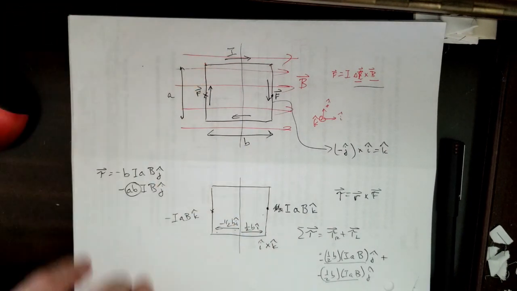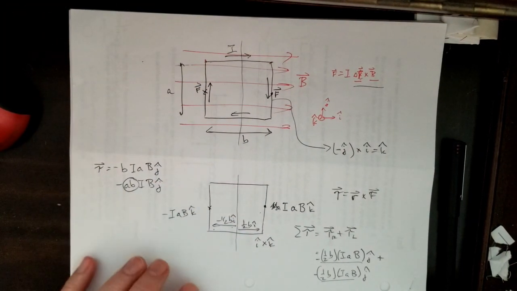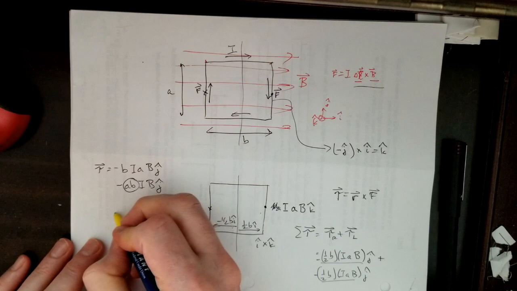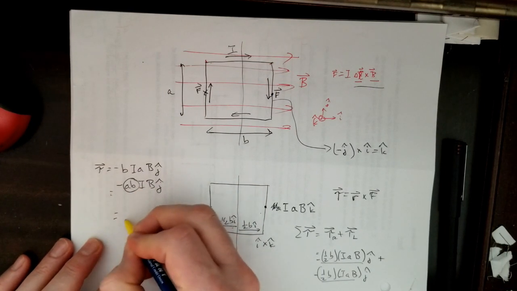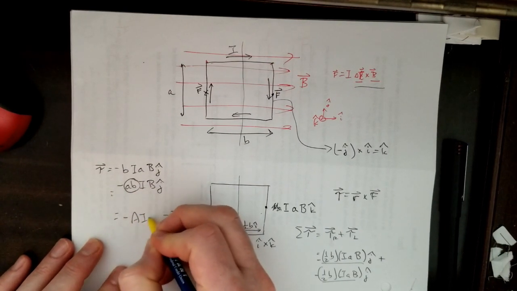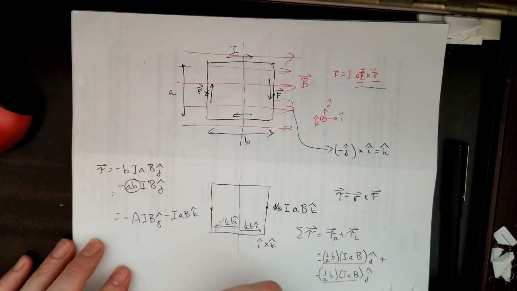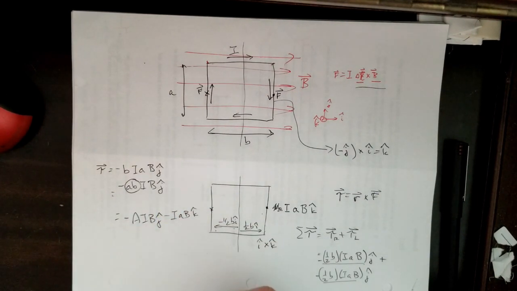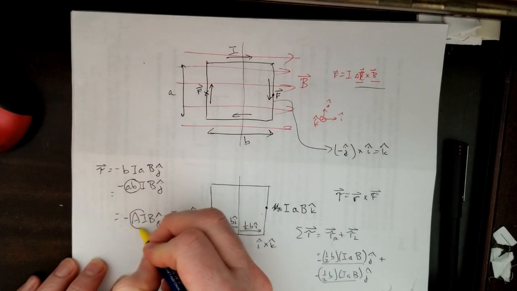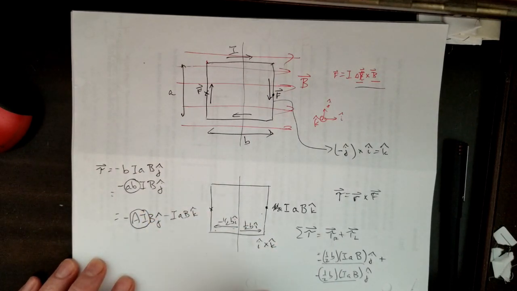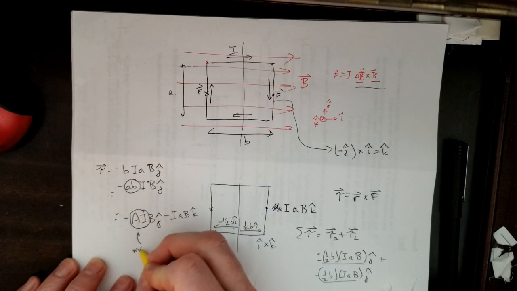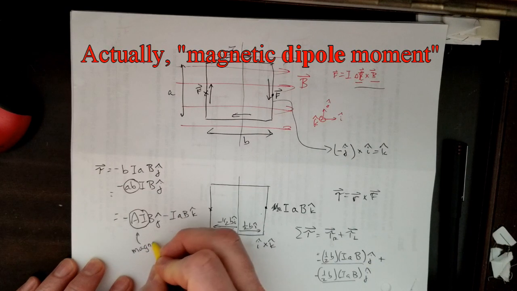Now, this a times little b, that's just the area. So that's equal to negative area times I times B, J hat. And this area times the current has a special name. This is known as the magnetic moment.